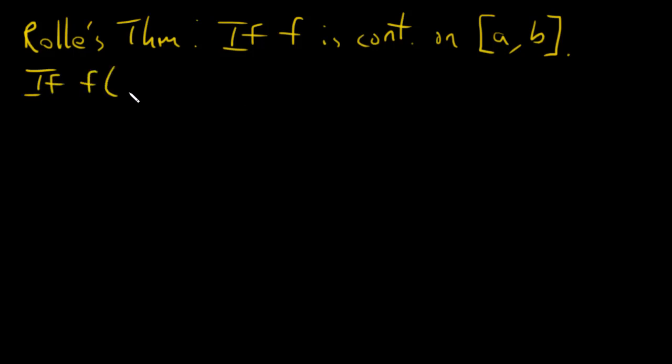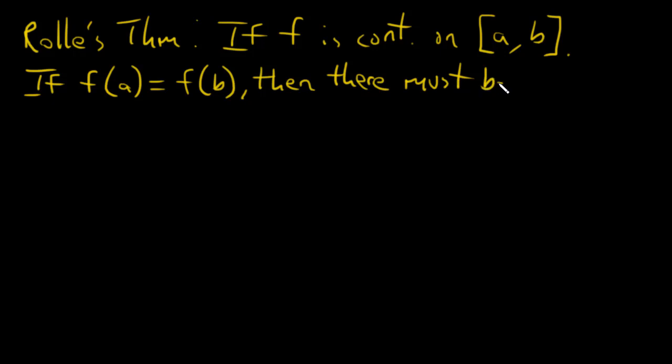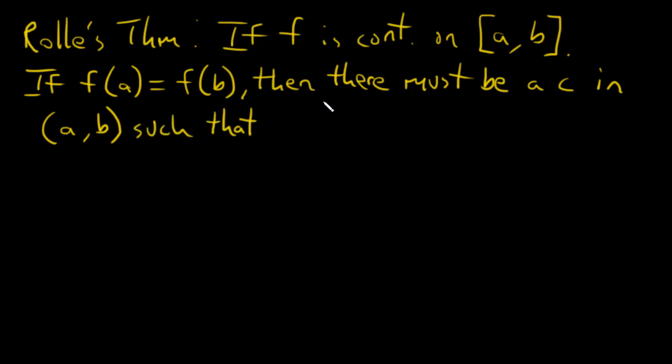If f is continuous on the interval [a, b], I have to have that, then if f of a equals f of b, then there must be a c in the open interval (a, b) such that f prime at c equals 0.